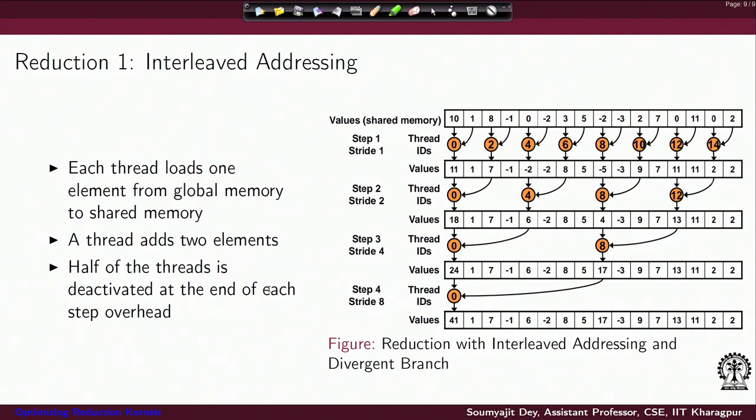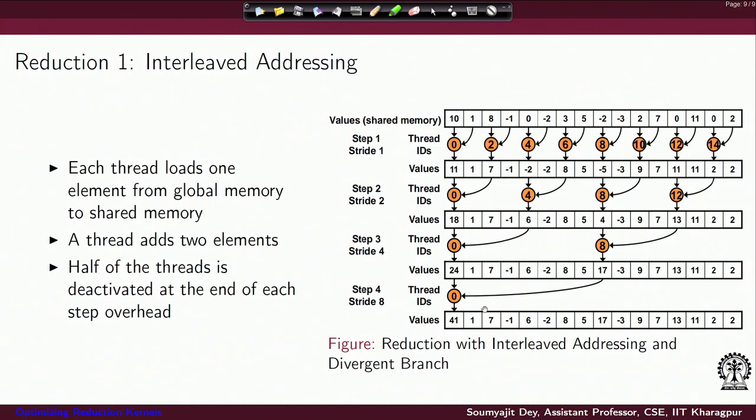Now this is an algorithm which you have studied earlier also. This is just a brief recap. So what we do is we have this many data points to add, and we have launched half the number of threads, right? I mean essentially there are threads but we are not utilizing those threads here. But all the threads have copied the data to the shared memory. By the way, I will just repeat, this is the optimization when we are talking about it.